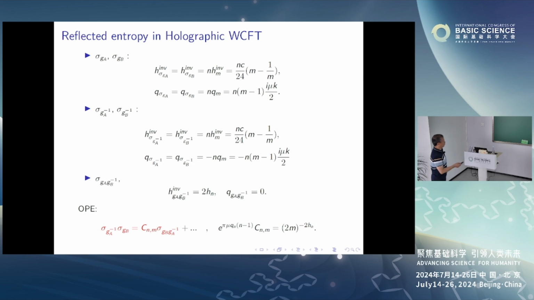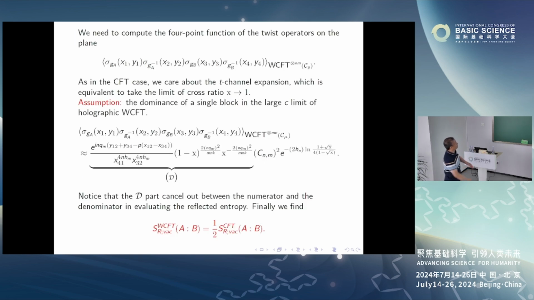For example, for the entropy, you can read off the conformal weight of the sigma G_A, sigma G_B like this, and the charge. The anti-twist case has this kind of form, as well as the OPE between G_A minus 1 and G_B. This allows us to compute the four-point function of the twist operator.